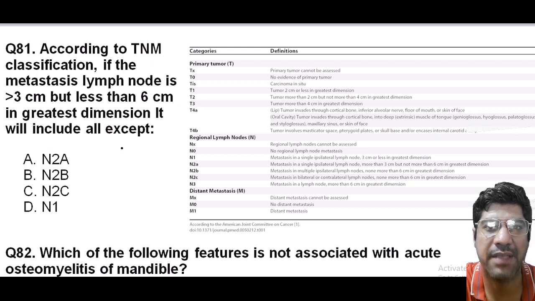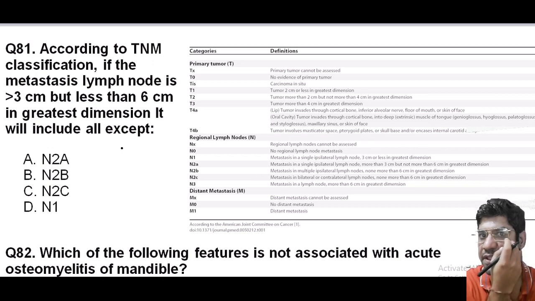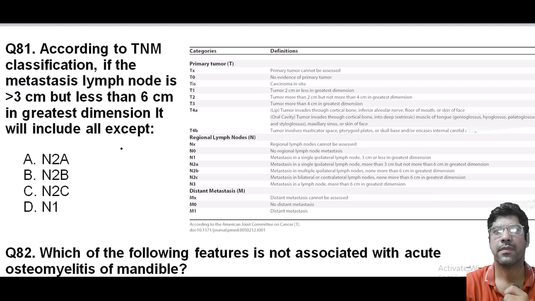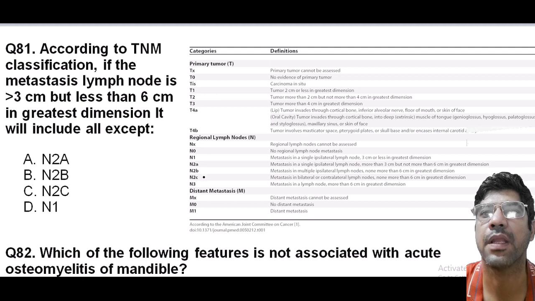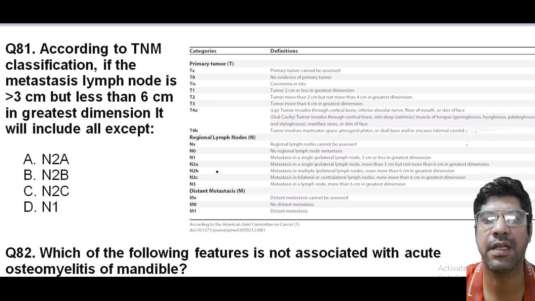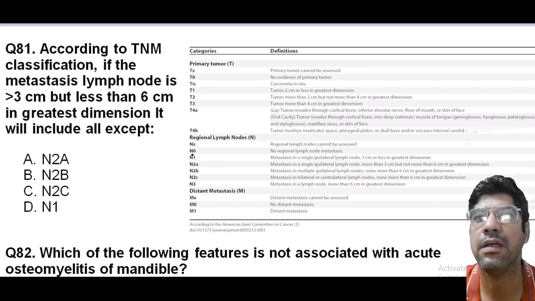According to the TNM classification, if the metastasis lymph node is more than 3 cm but less than 6 cm in greatest dimension, it would include all of the following except. You can see the classification here. The answer here is N1.